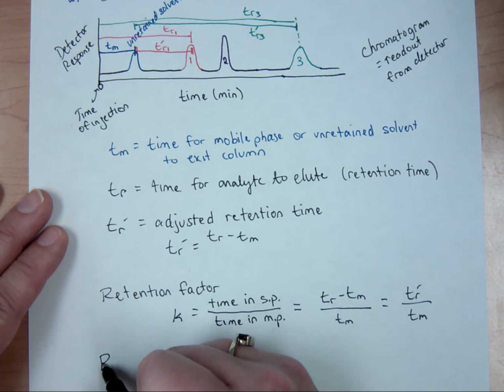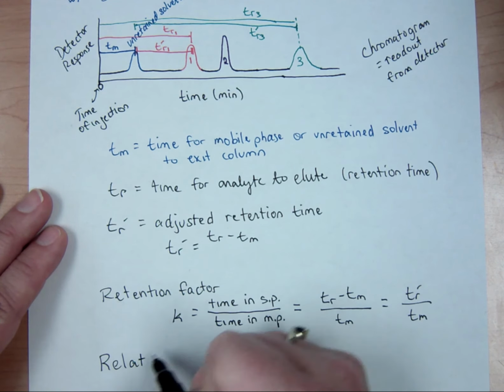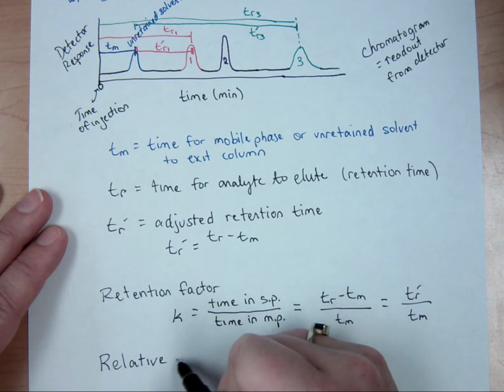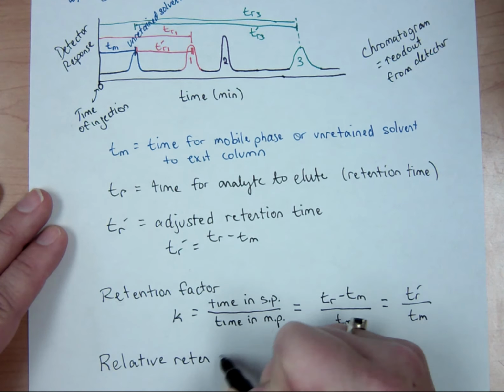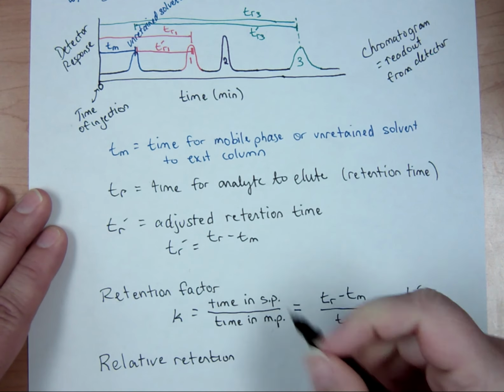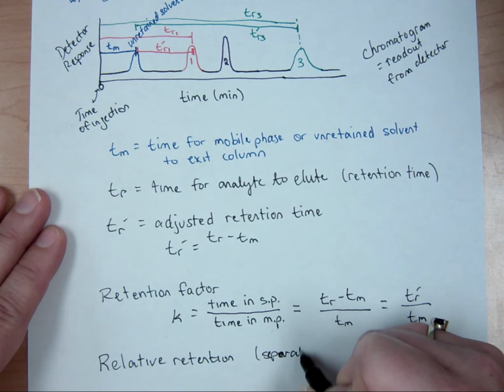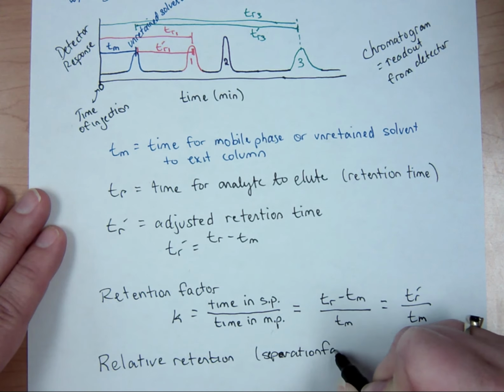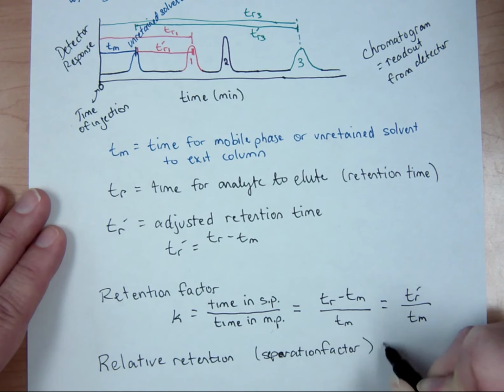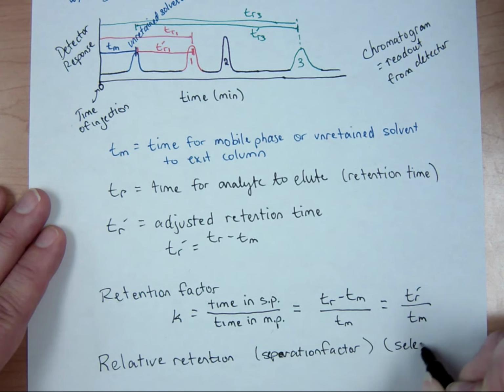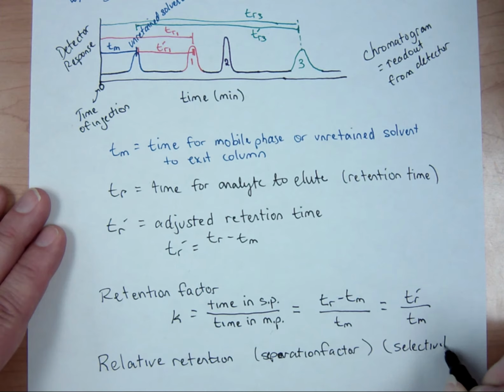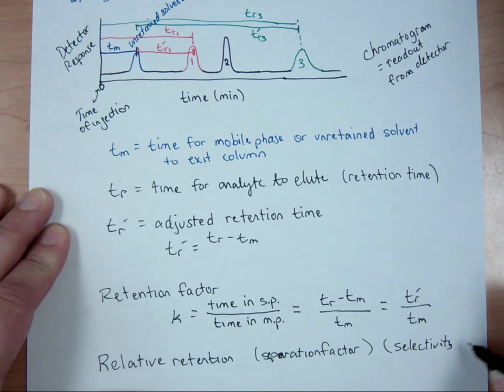And so we'll do relative retention. This is also sometimes called a separation factor or a selectivity factor. I've seen it written in all three ways. They all mean the same thing.